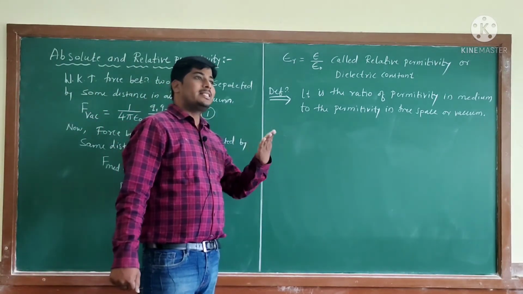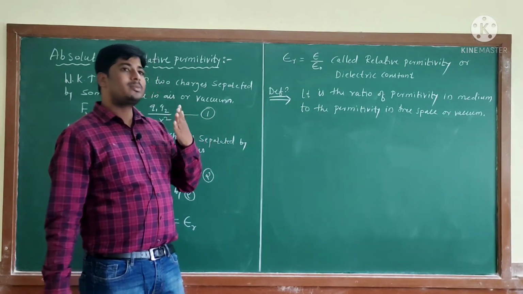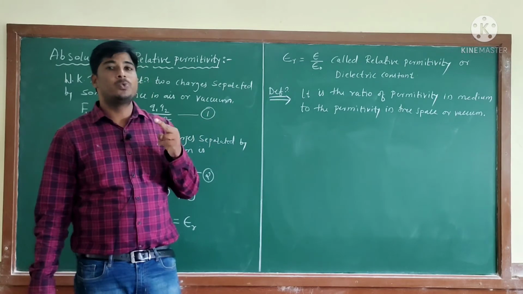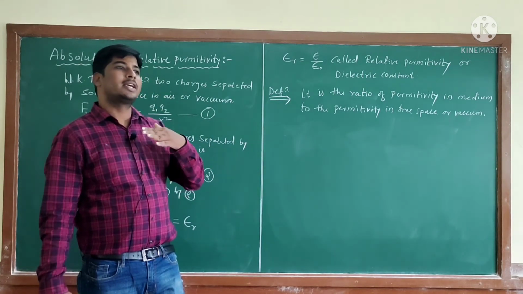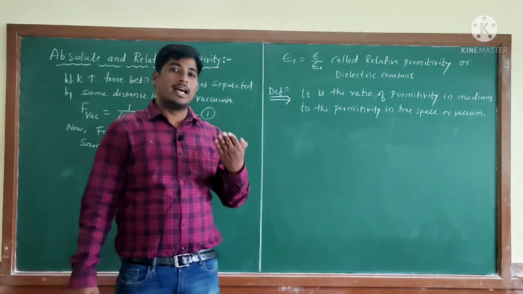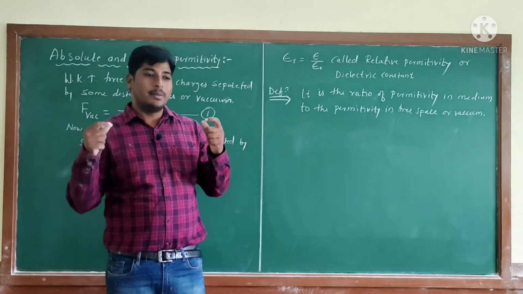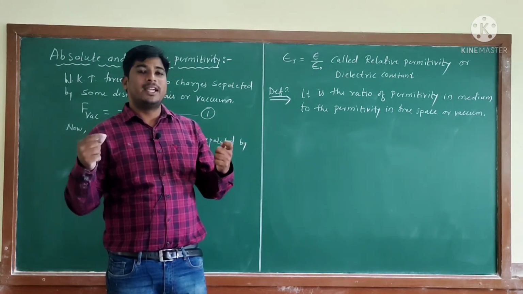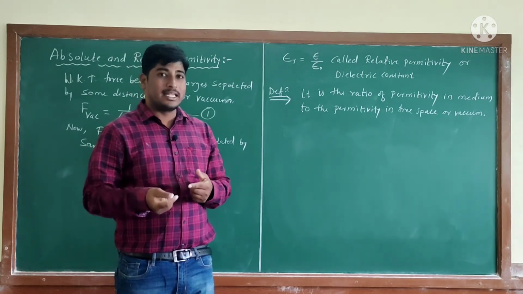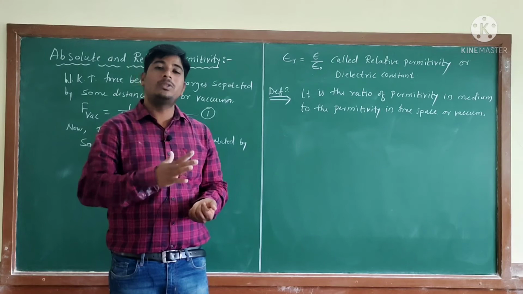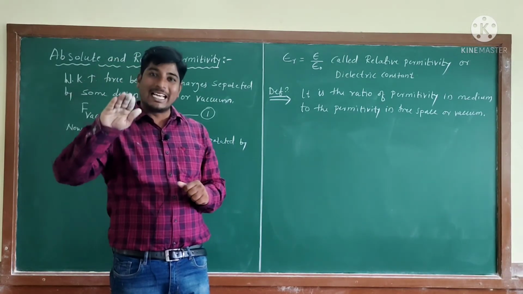When we place a dielectric in the medium, then the force between the two charges decreases. For example, if a glass plate or plastic sheet is placed in between the two charges, then this glass plate or plastic sheet does not allow the charges to interact with each other, so the force decreases.